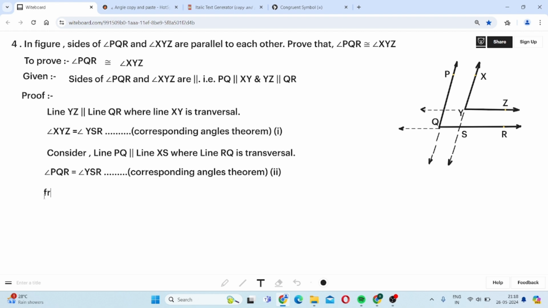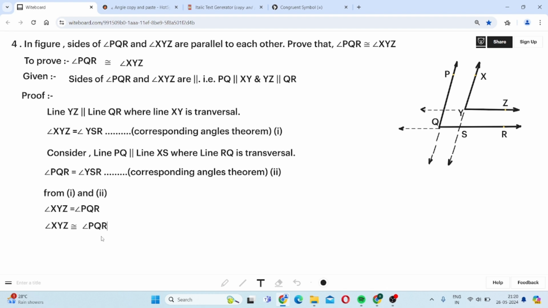Therefore, from 1 and 2, angle XYZ is equal to angle PQR. That is, angle XYZ is congruent to angle PQR, thus proved.